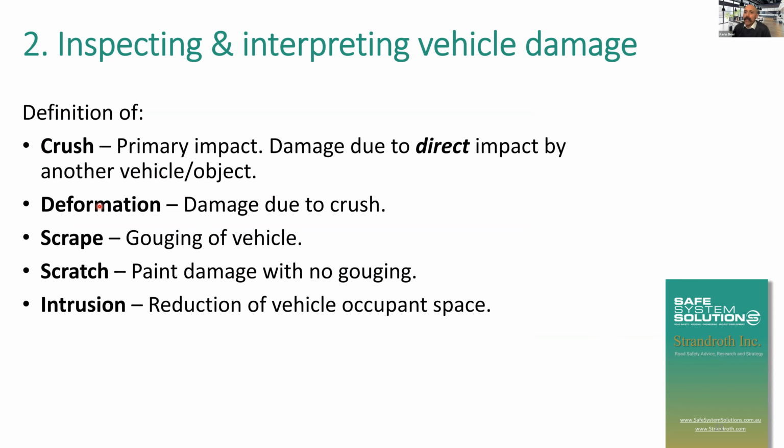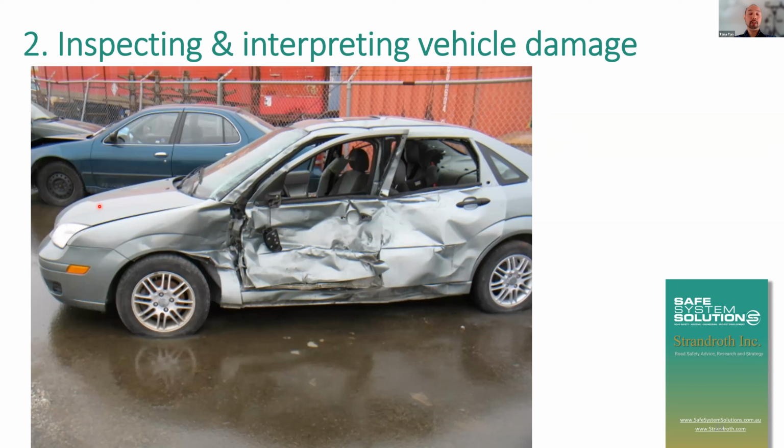Okay. I'll use this image as an example again. This vehicle here, as I mentioned, was impacted by another vehicle on this door. The damage caused by the other vehicle on this door is called crush, because it's the primary impact.